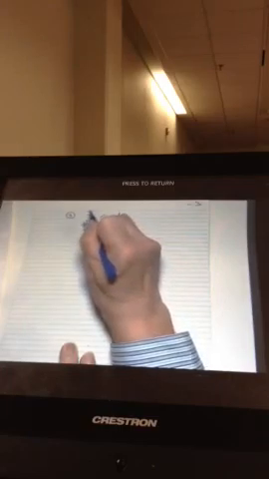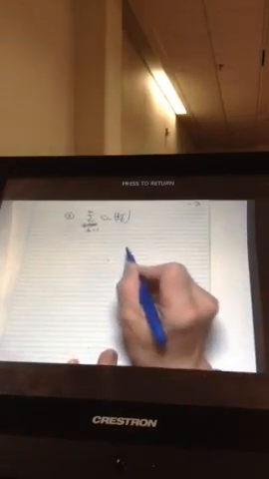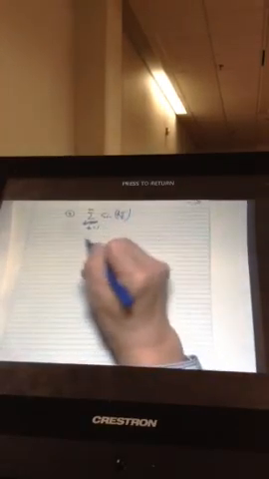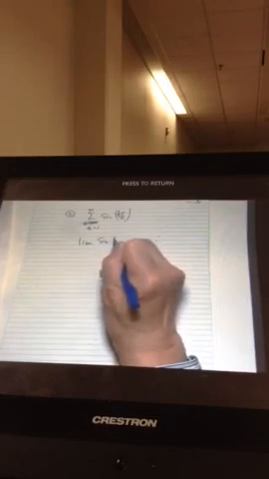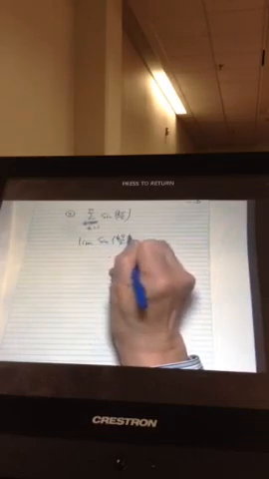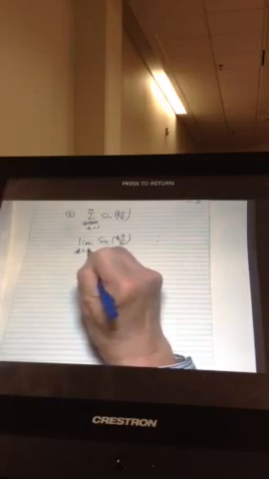The question is, is this convergent? Okay, so I just look at the nth term, sine of k pi over 2, as k goes to infinity, and I want to see what this is.